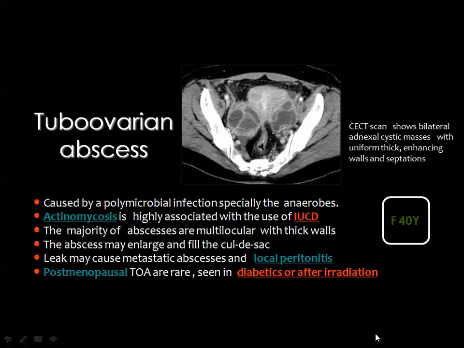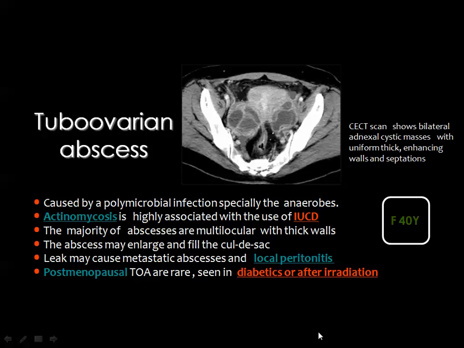Then, a tubo-ovarian abscess is like any abscess anywhere in the body. The abscess is a cystic, hypodense, marginally enhancing lesion, which may contain internal septations denoting multiple loculation. This may affect one ovary or may affect both ovaries. And one of the complications of intrauterine contraceptive devices is the ovarian abscesses due to actinomycosis, according to the literature.